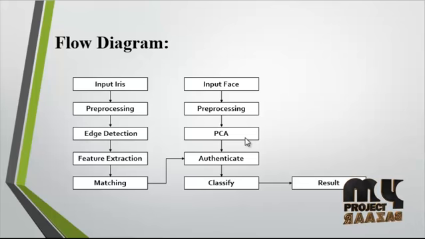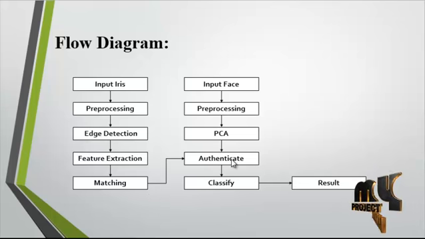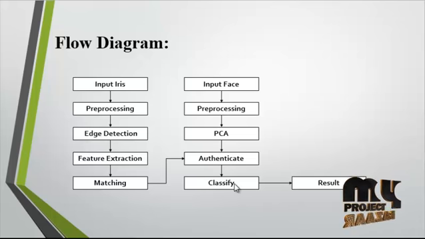In PCA, the features are extracted from the pre-processed image, and the total features extracted from the input iris image and the input face image are fused using the score level fusion technique. Then the authentication is done using the classification method. The classification result is considered the authenticated result.